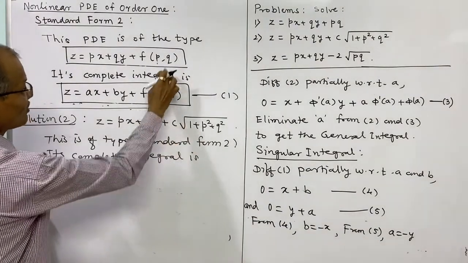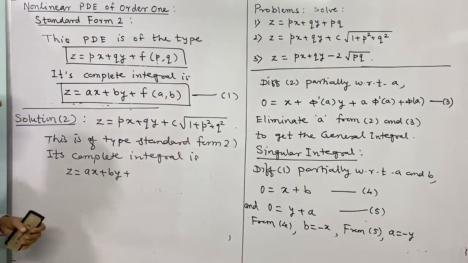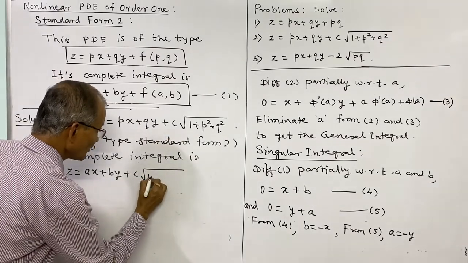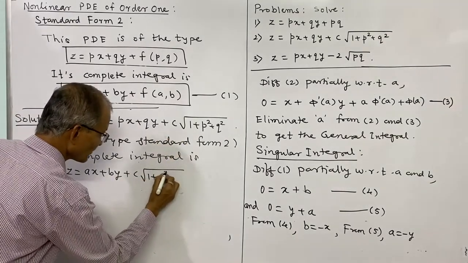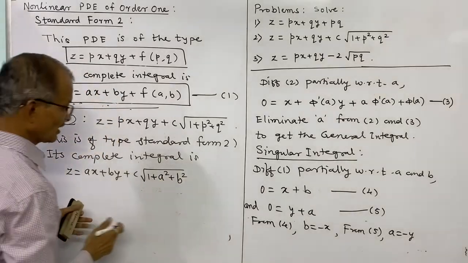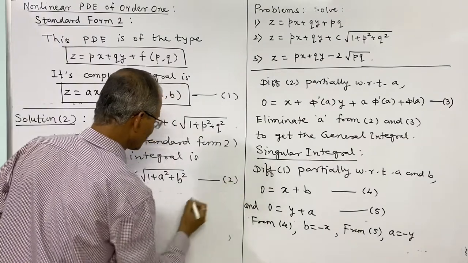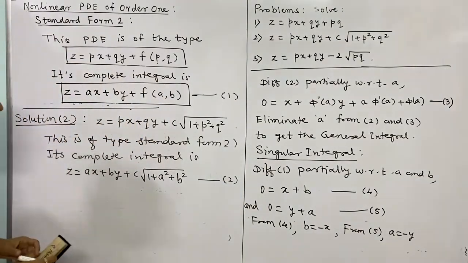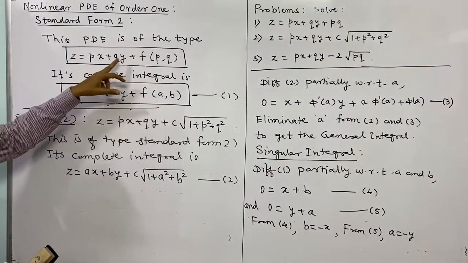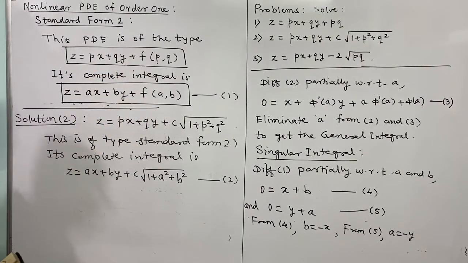That means p and q are to be replaced by a and b. So therefore this becomes c into under root 1 plus, in place of p we have to write a, and in place of q we have to write b. So this is the complete integral of this. So it is easy to write the complete integral directly by replacing p, q by a and b respectively.